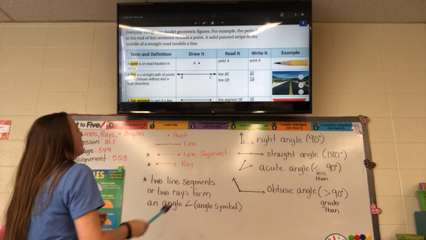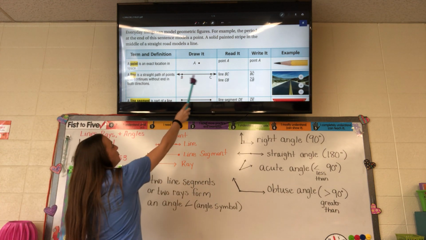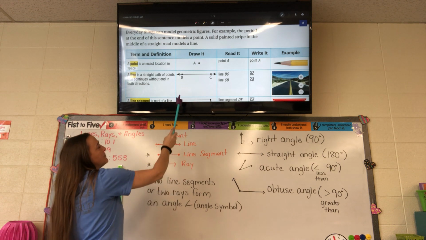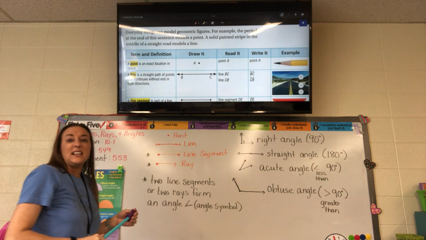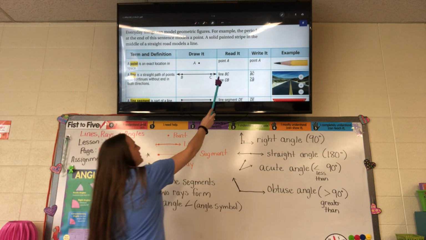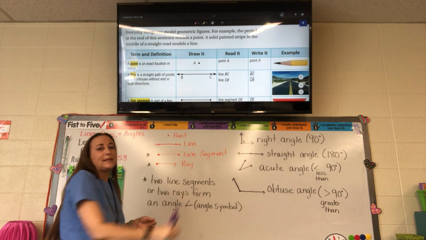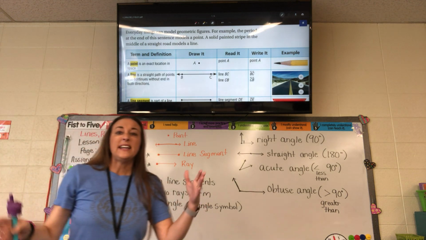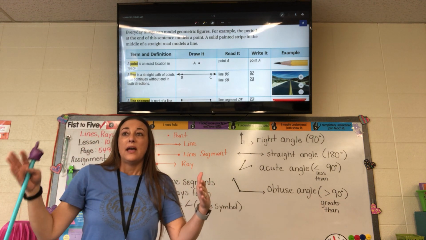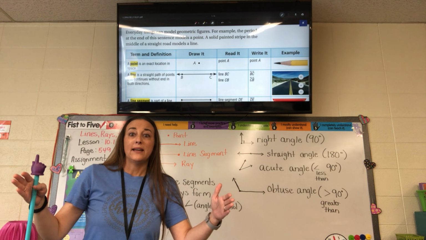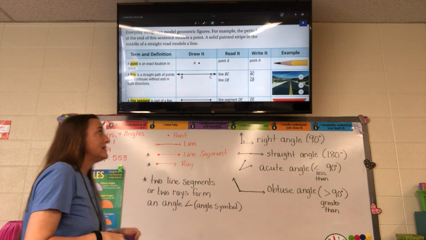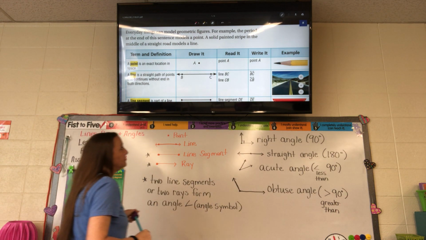So we've got 2 points on this line, and that helps us identify or label it. So it's line BC or line CB, because a line doesn't have a front or back. So you can read it as CB or BC.